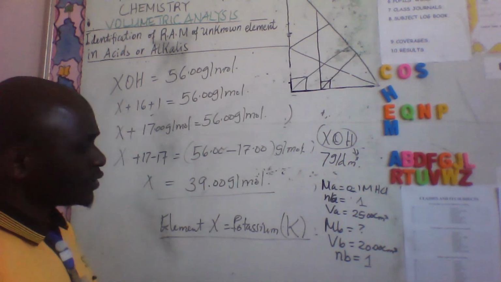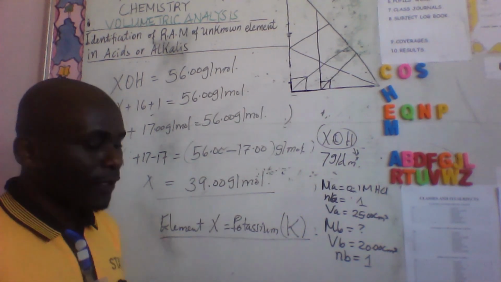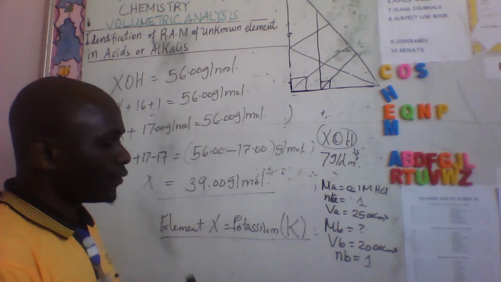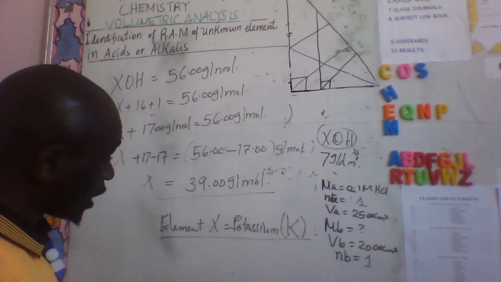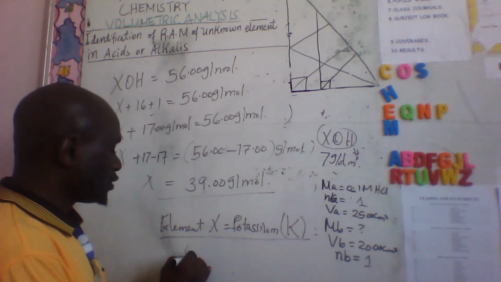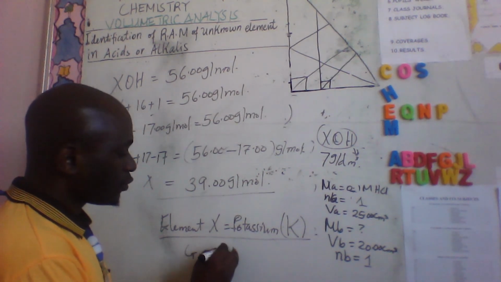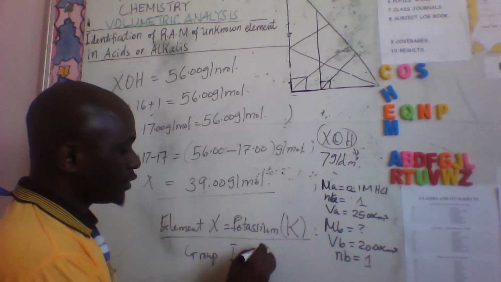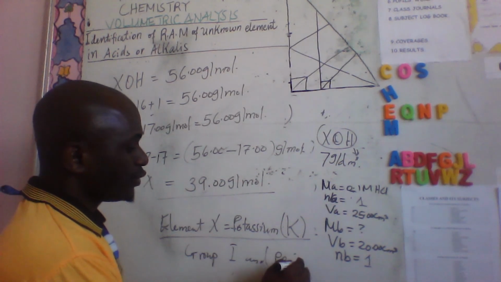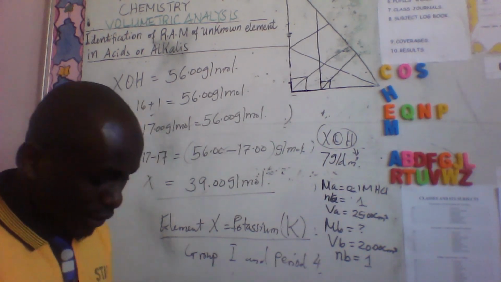And this potassium is found in the periodic table in group 1 and period 4.